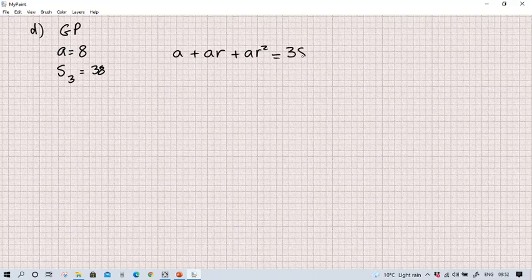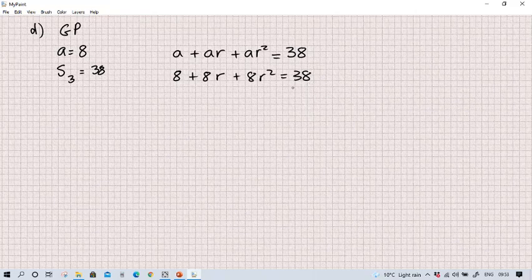We know the value of a equals 8, so we have a quadratic equation in r. If we rewrite that, we'll have 8 plus 8 times r plus 8 times r squared equals 38. We can rearrange this into the form of a quadratic equation set equal to 0, and we'll be able to solve then.